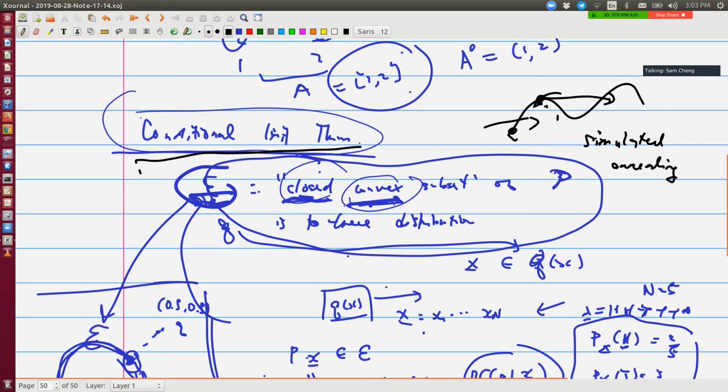It says that if you have the set E, a closed convex subset of the set of all distributions, then I should start with the sequence first. I'm drawing a sequence from some source, and that sequence does not fall in the type of these distributions here, because this set defines a bunch of types.